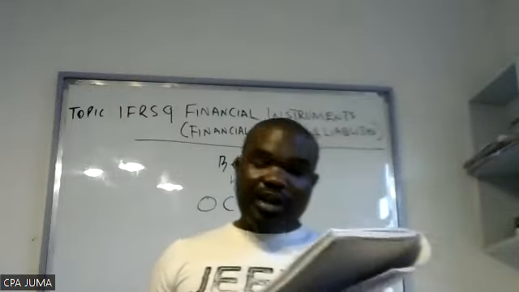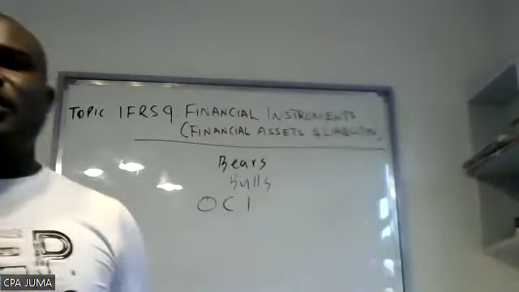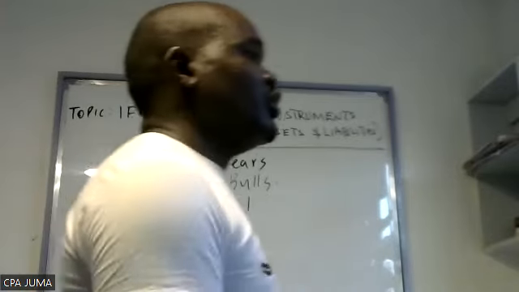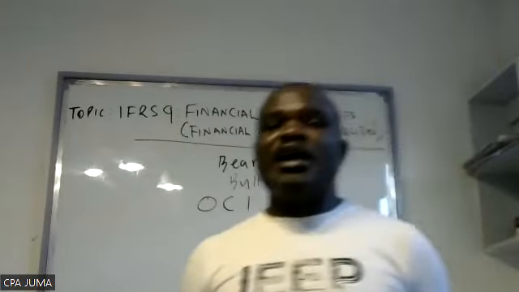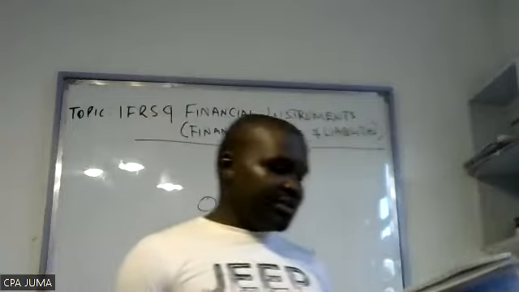The recognition of financial instruments, the last item on page 1. At that stage, I know the examiner will be asking you, under what circumstances should an entity recognize a financial instrument in the financial statement?